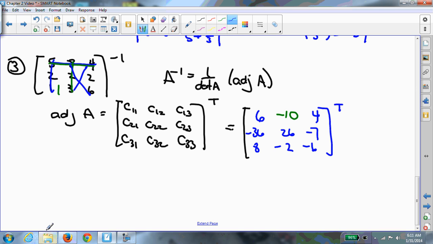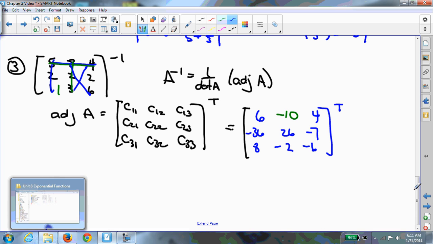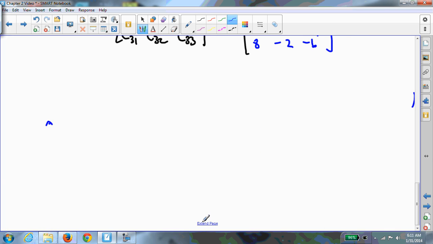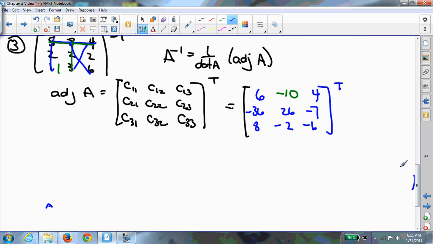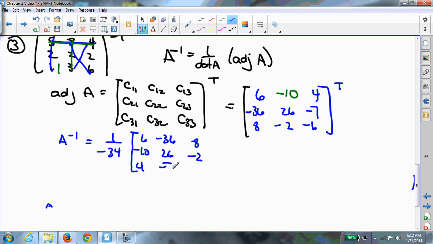So A inverse is 1 over the determinant of A, which I've done many, many times, 1 over negative 34, times the matrix of cofactors transposed. So 6, negative 36, 8, negative 10, 26, negative 2, 4, negative 7, and negative 6.